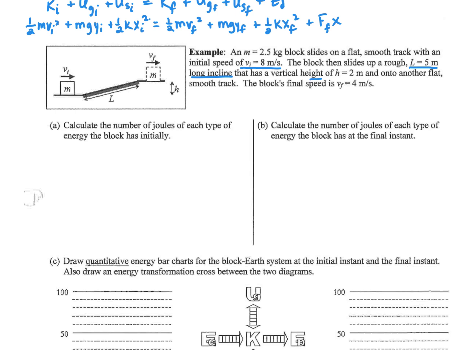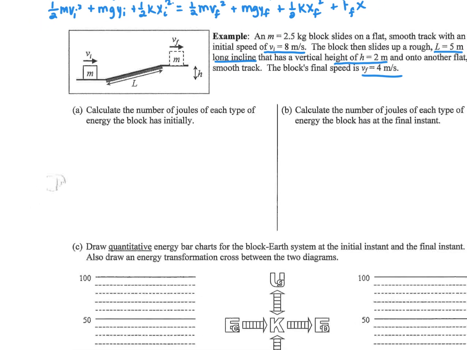It reaches a vertical height of 2 meters, so we know it's going to gain some gravitational potential energy, and it has a final speed, so it also has kinetic energy to end with. It says calculate the number of joules of energy each block has initially. So initially it's just moving.